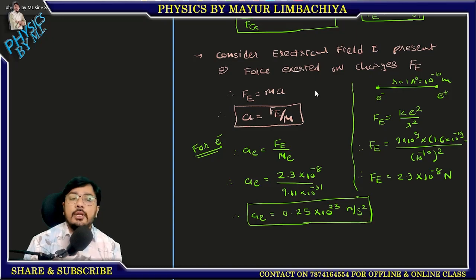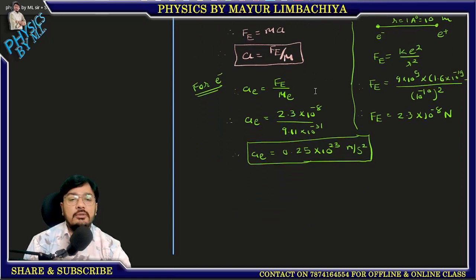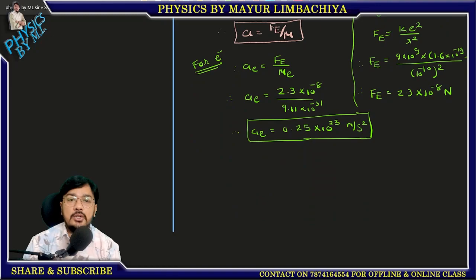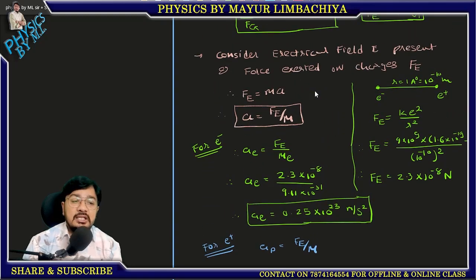Fine. Now we will do the same thing for the proton. So let's just calculate. For proton, ap is equal to, this is ap, acceleration of proton, Fe divided by m. Why I have used Fe? Because the force between these two is Fe itself. So it is the same for both proton and electron.